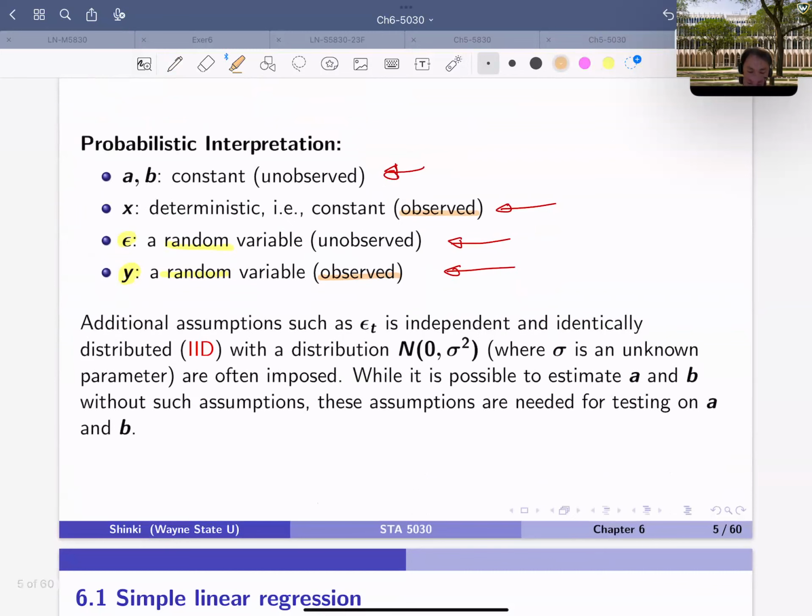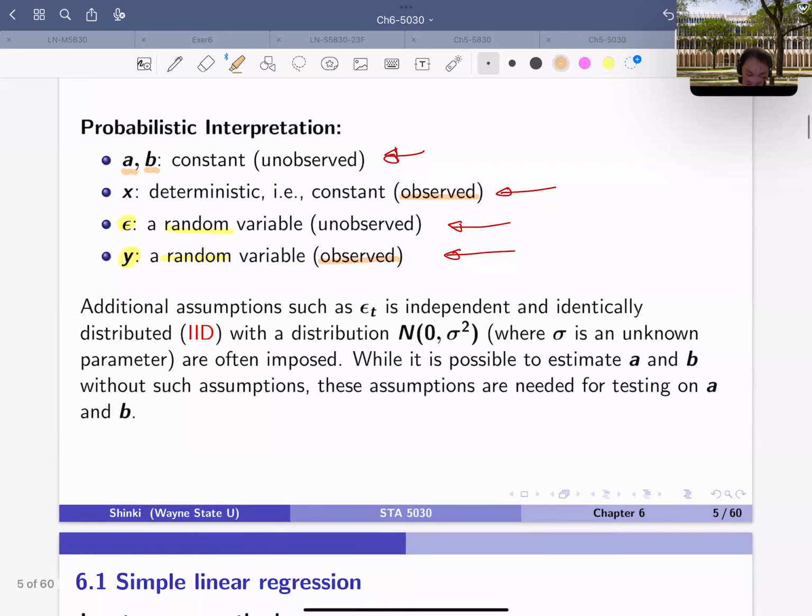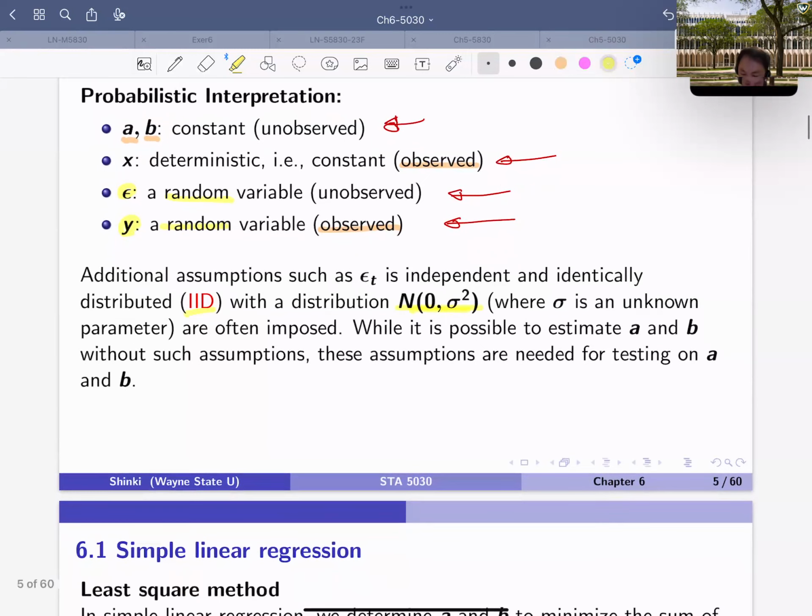And our objective is to estimate a and b. Sometimes additional assumptions are made, such as epsilon i being independent and identically distributed, we say IID, and also that epsilon i follows a normal distribution with zero mean and variance sigma squared. Sigma is actually another unknown quantity.